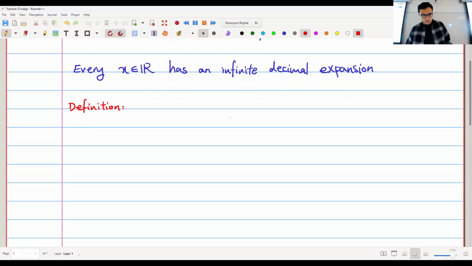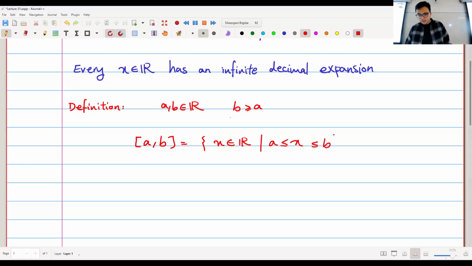Suppose that A and B are in R, and suppose that B is greater than or equal to A. Actually, I don't need this second assumption, but in any case, I'm going to put it there. So I define the segment from A to B to be the set of all real numbers such that this number X is between A and B, right?